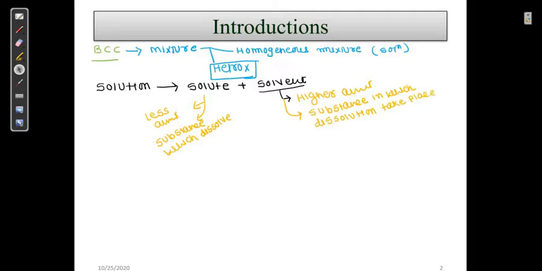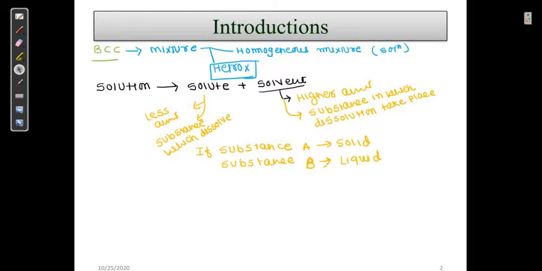Another way is, suppose I have substance A and substance B. A is available in the form of solid and B is available in the form of liquid.